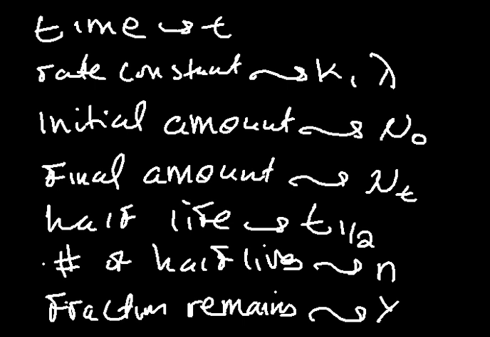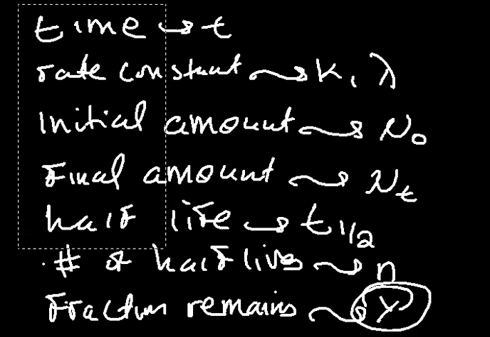By the way, the fraction remaining determines the amount of substance remaining at time t in terms of fractions. It can also be expressed as a percentage remaining, and we will see how to work with that. But these are the parameters you should understand.